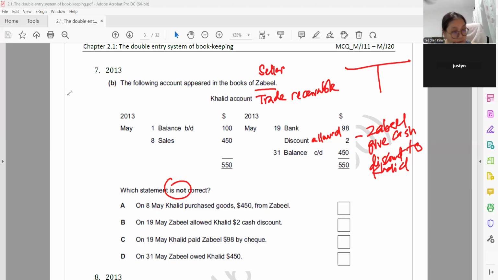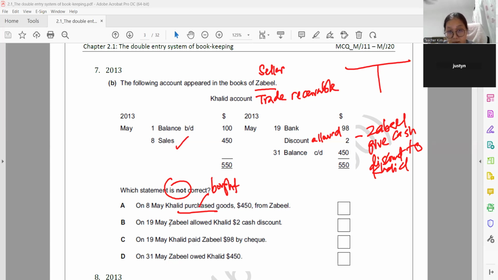Your answer, you get A. The answer is not. Let me see first. They say not correct. On A, Khalid purchase. Correct lah. Khalid bought. Purchase means bought. Okay. Customer bought. This one is correct.